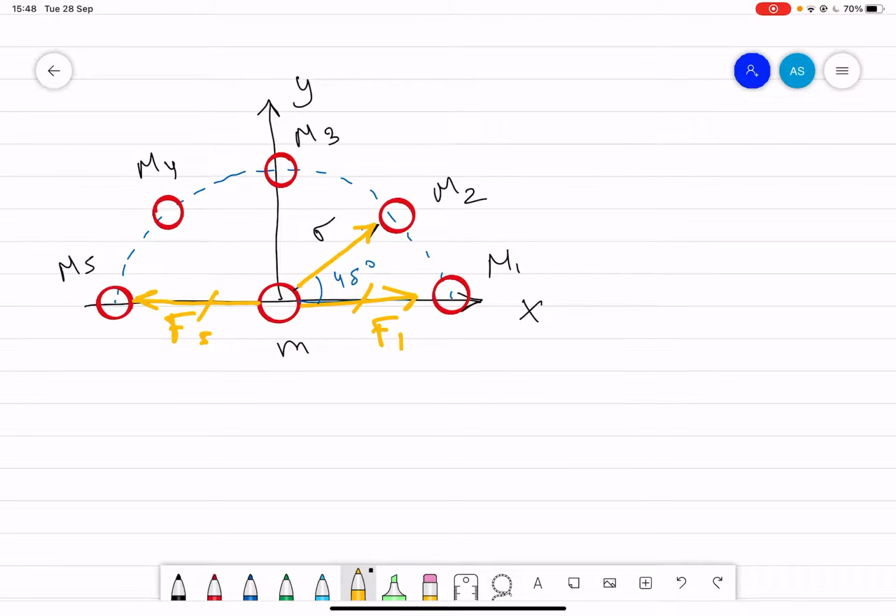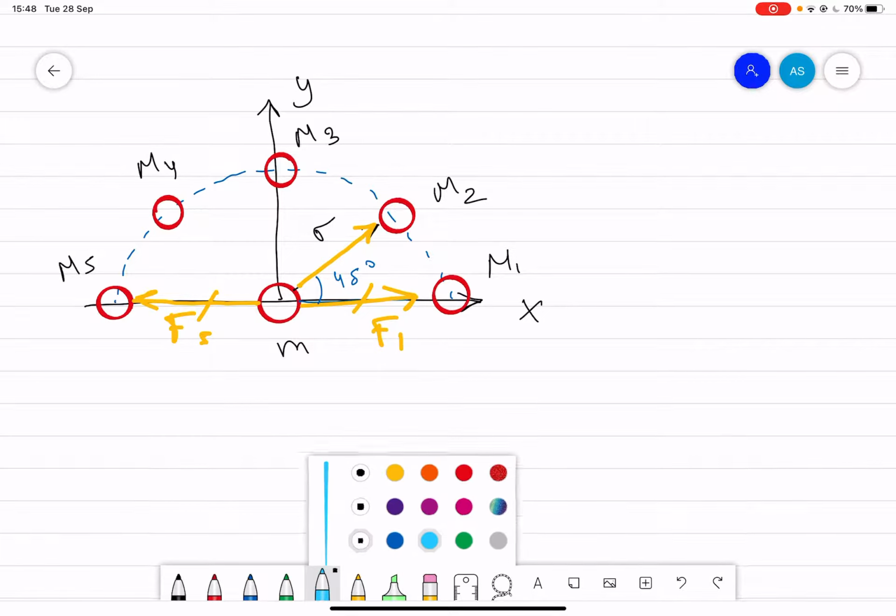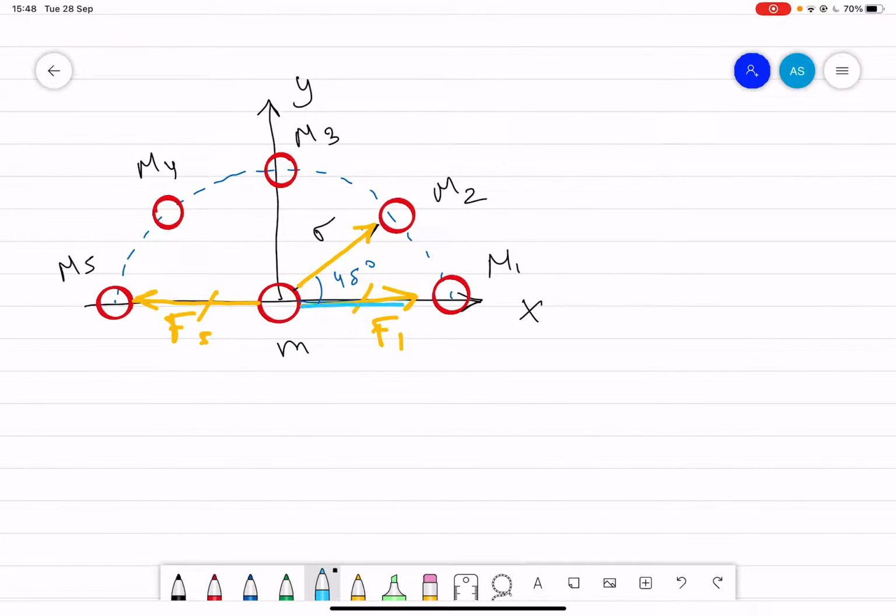So one component, I call this one the F2x component, then this one will be the F2y component. Then let's look at the force between M4 and m.